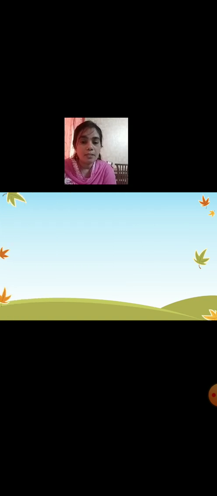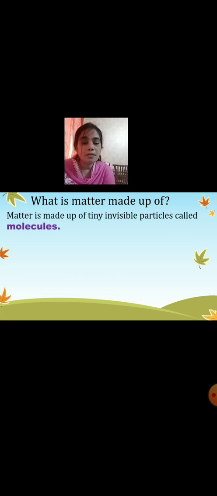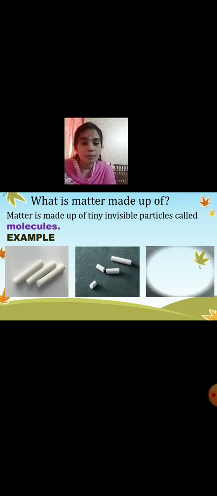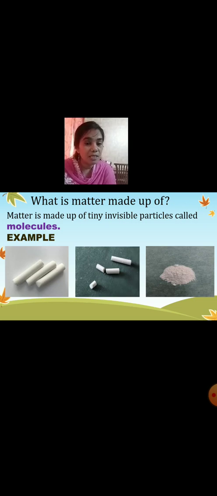Now let's see in detail what matter is made up of. So matter is made up of tiny invisible particles called molecules. Now let us understand this by an example. Here I'm showing a piece of chalk, the second picture is made into pieces, and the third picture is made into powder.